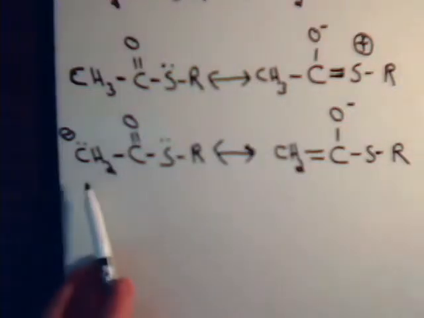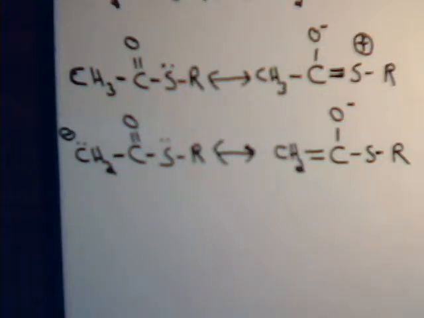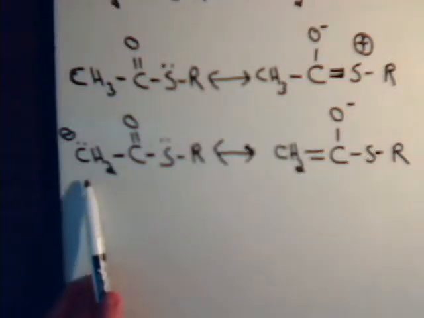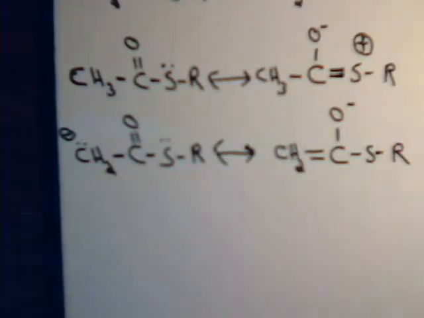So consequently, a thiol ester is better suited to generate a resonance stabilized carbanion. And that is, in fact, thiol esters can generate a carbanion far more easily under physiological conditions.